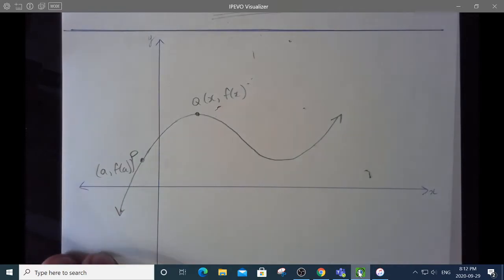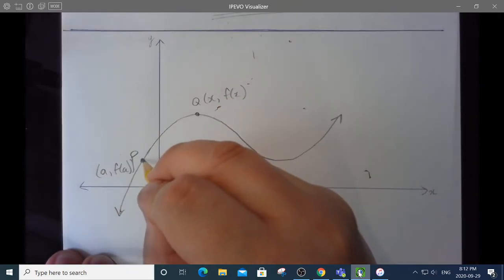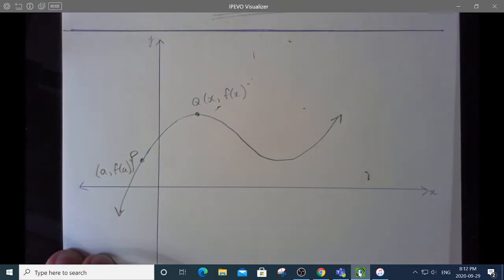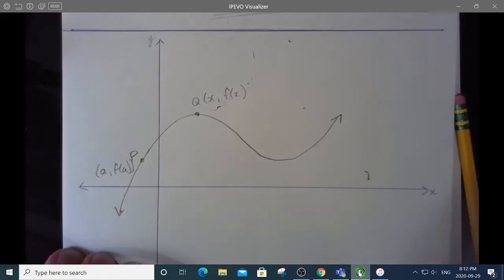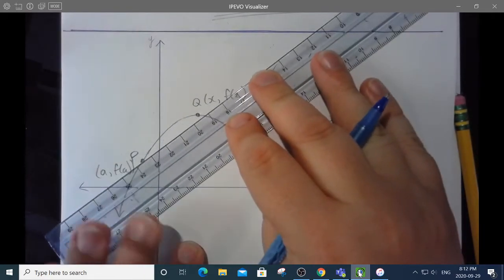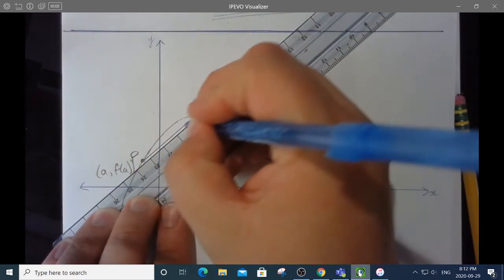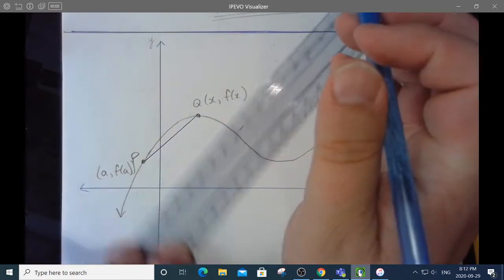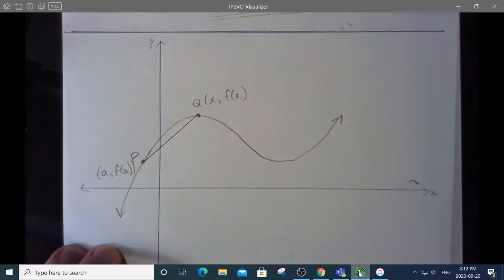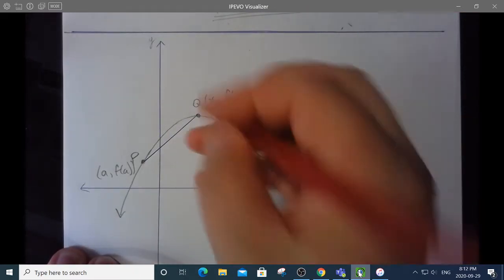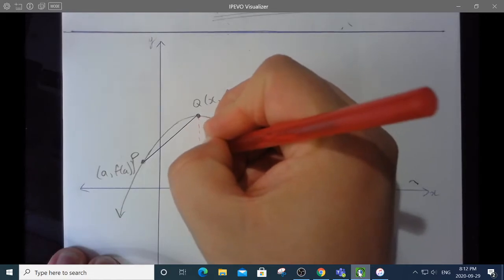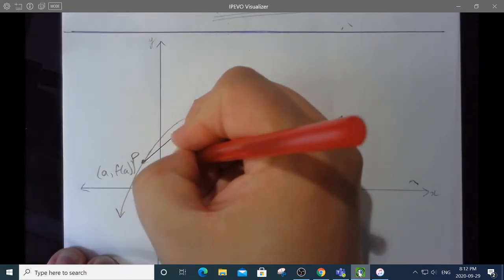Because I also, again, want to think about the slope of this line segment, this pretend line that we call the secant between here and here. There's another way to think about slope that we actually haven't really talked about yet this year. Remember that we can think about slope as this distance divided by this distance.